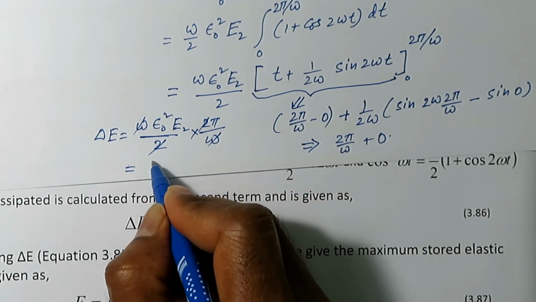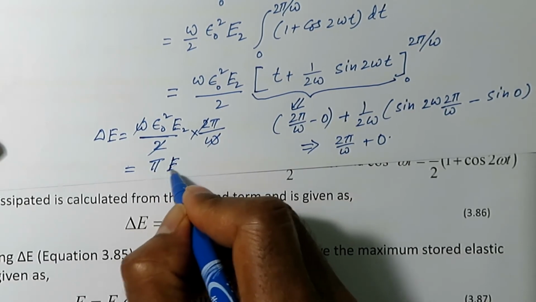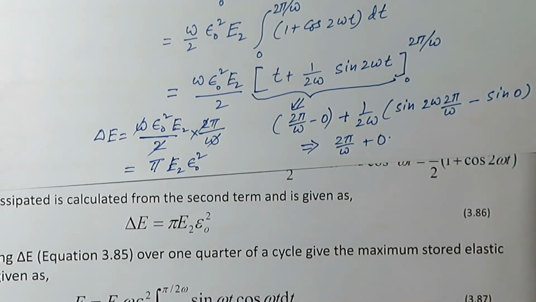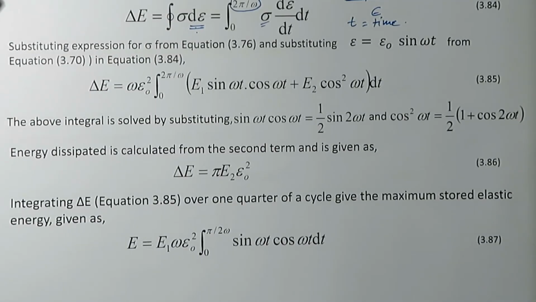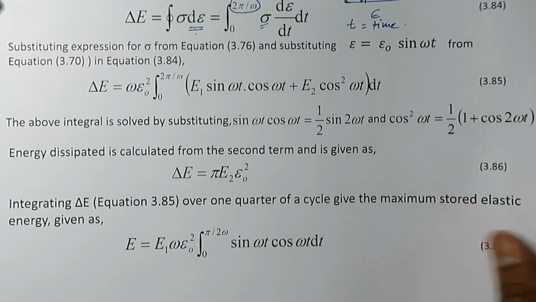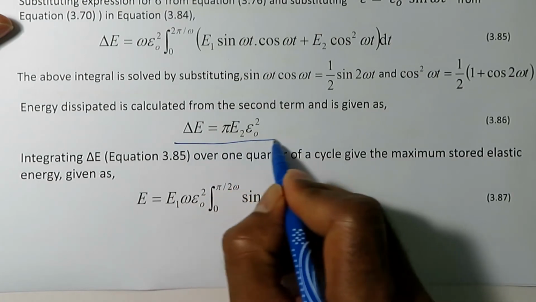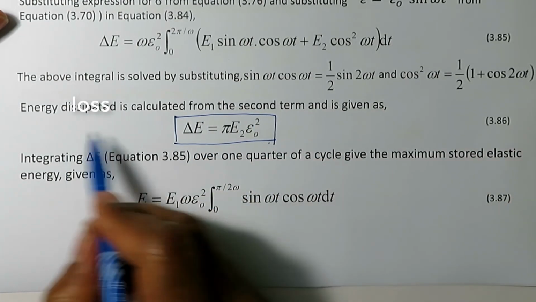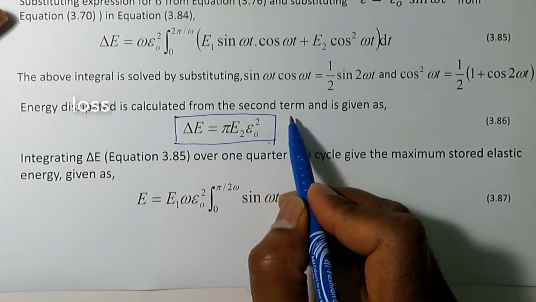Finally we get delta E is equal to pi E2 epsilon naught square. So this is how we can solve this integral, and finally we get this one. This is the energy loss in one cycle, in the cyclic process for one cycle.